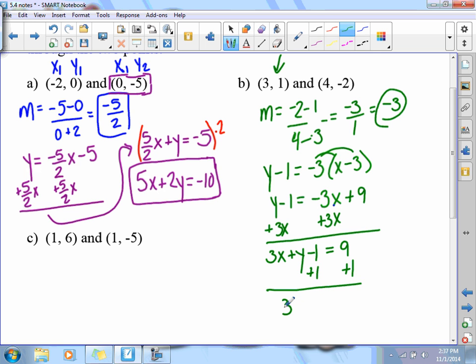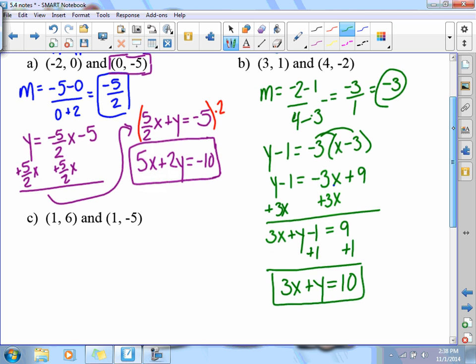So I'll have 3x plus y equals 10. I don't have any fractions. I don't have any decimals. That first term is positive. So there's my equation in standard form. So this part B had a lot more steps. If we're not able to start with slope-intercept form, and we have to start with point-slope form, that can have more steps. Okay?